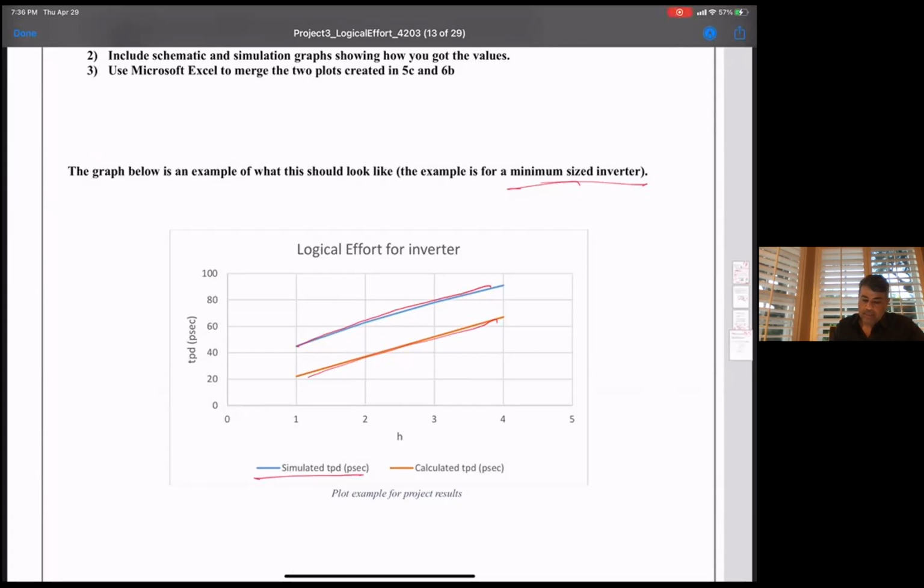The prop delay, strictly speaking, is the average. If you want to be lazy, you could just do prop delay rising or prop delay falling. That's okay with me. If you want to just pick one so you do less work, that's okay too.